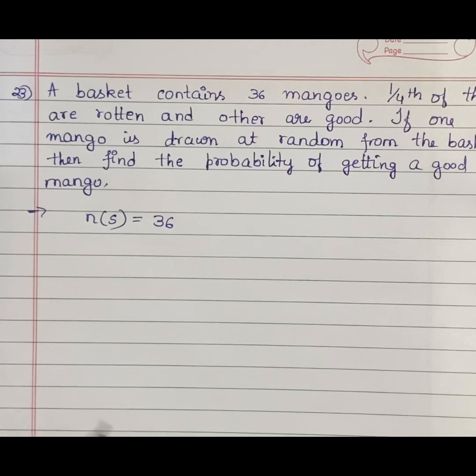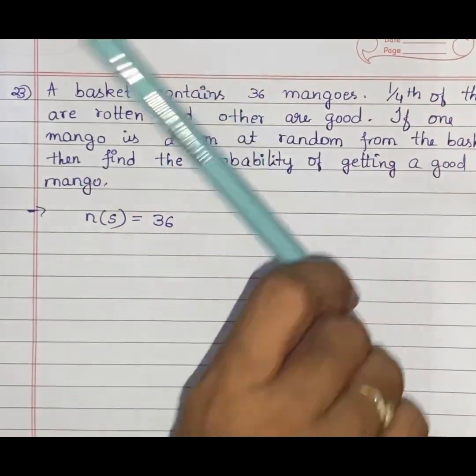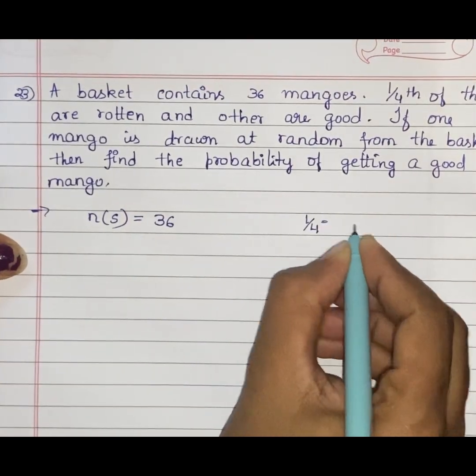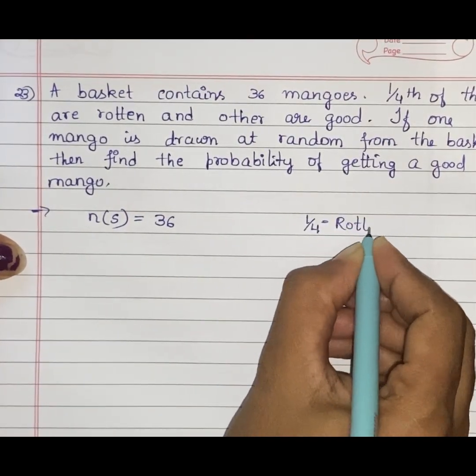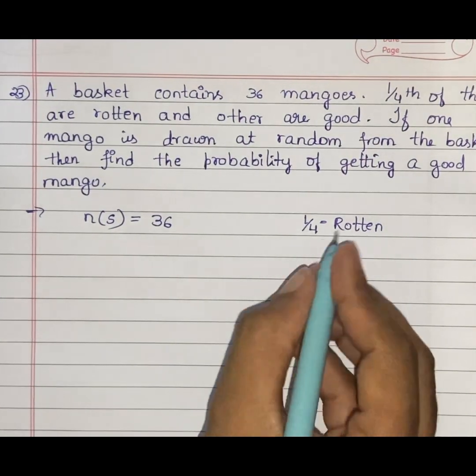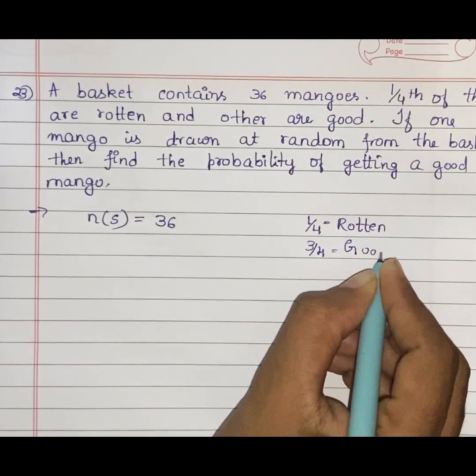Okay, so in this they said 1 by 4 of them is rotten. So remaining how many percentage is good mangoes? 3 by 4. Okay, 3 by 4 is good mangoes.